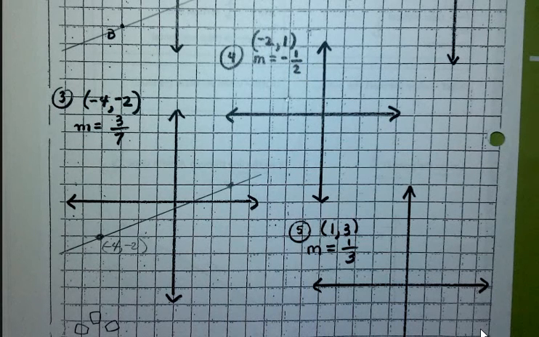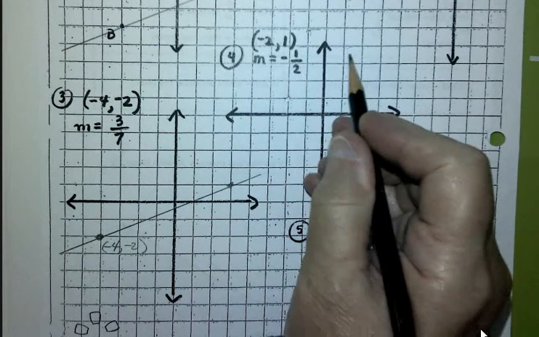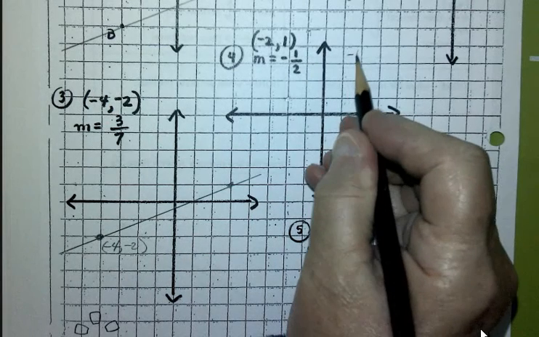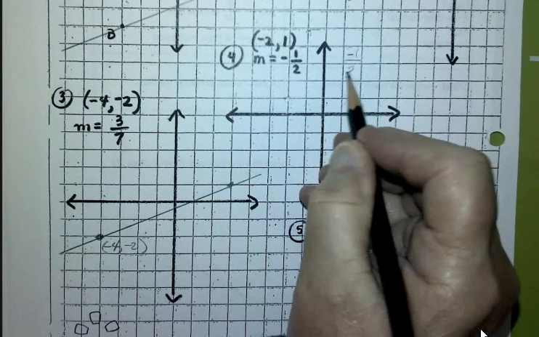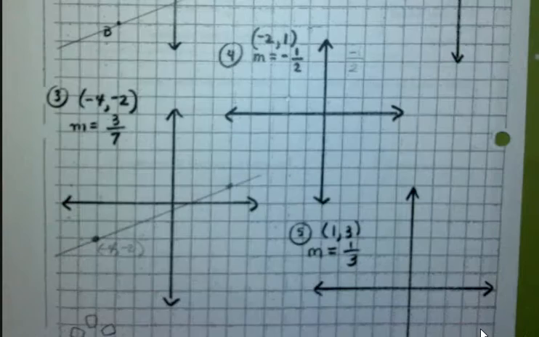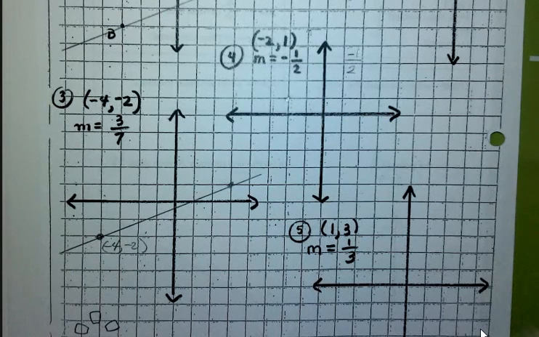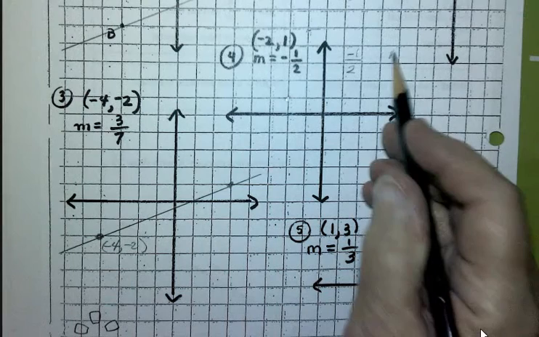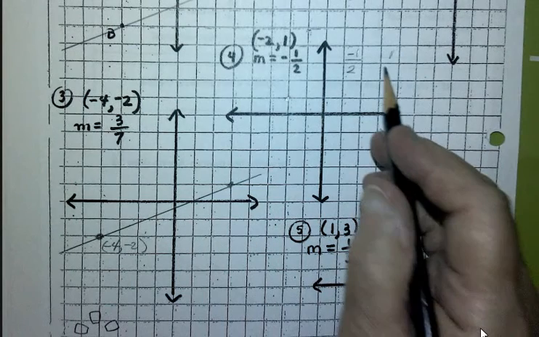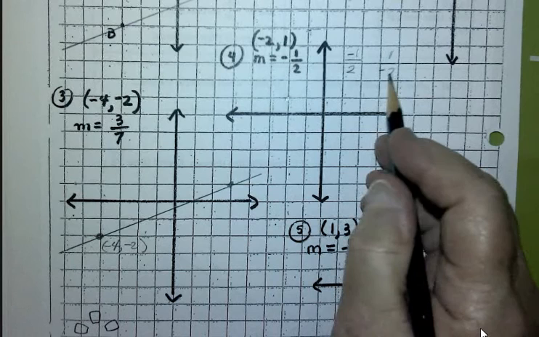When slope is negative, you have a choice. You can put the negative with the rise and the positive with the run, or you can put the positive with the rise, and then your negative would be with the run, but you can only have one negative sign, either top or bottom.